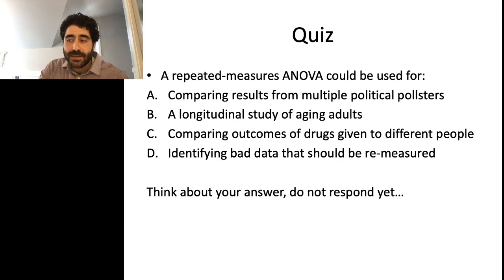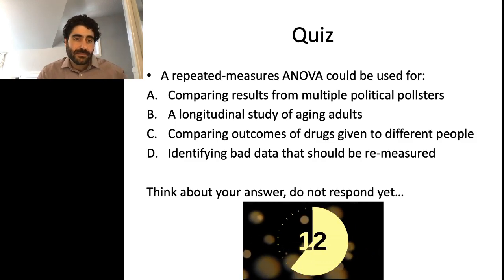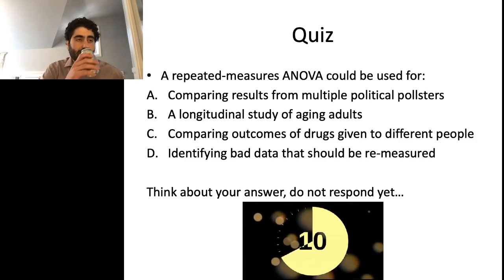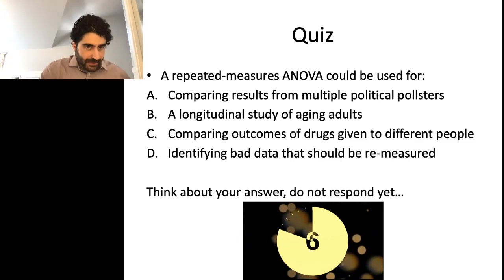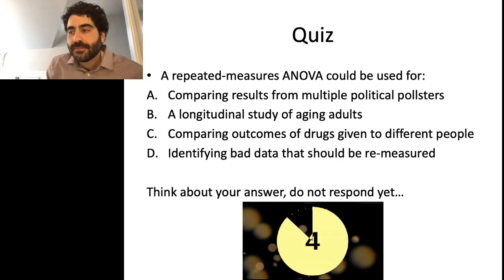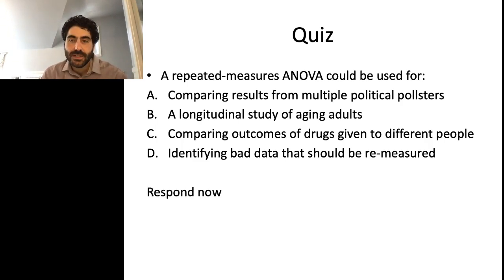Or D, identifying bad data that should be remeasured. Okay, so which of these studies would meet the conditions that would make a repeated measures ANOVA potentially useful?